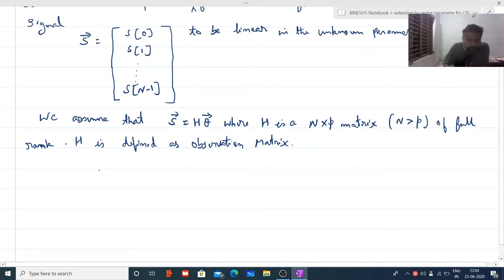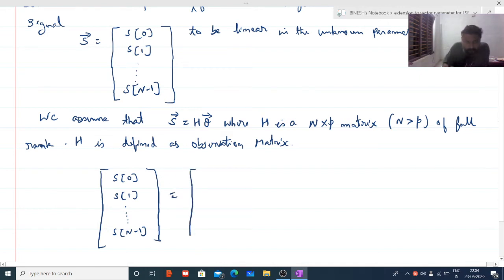So I write S in matrix form. S is S of 0, S of 1, up to S of N minus 1, which is nothing but H into theta. H is the matrix with entries H 0 1 up to H 0 p, then H 1 2 up to H 1 p, and so on up to the last row with entries up to H N p.